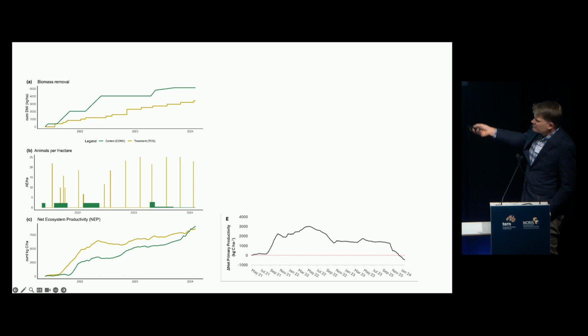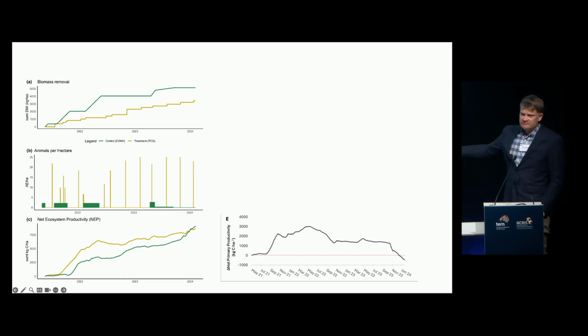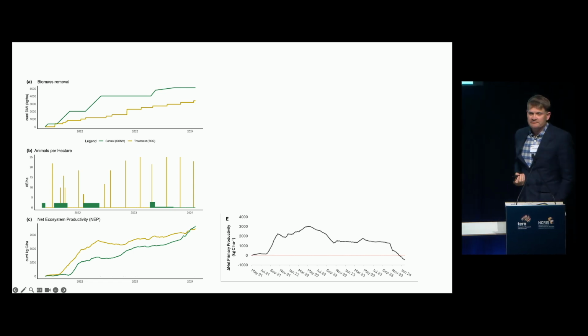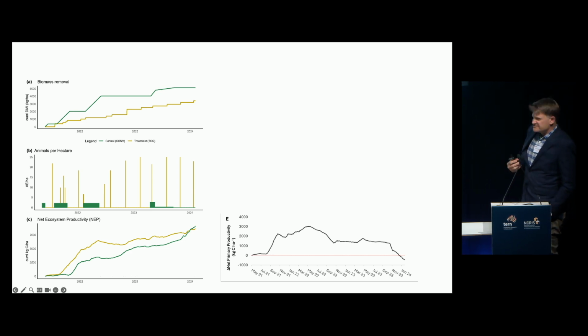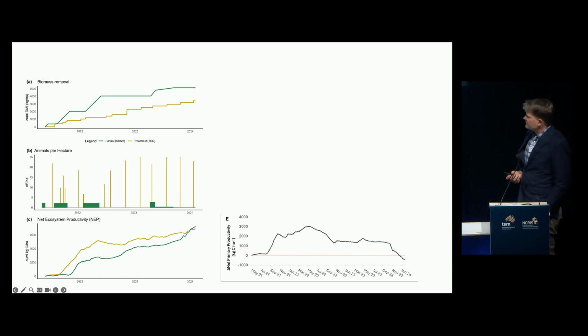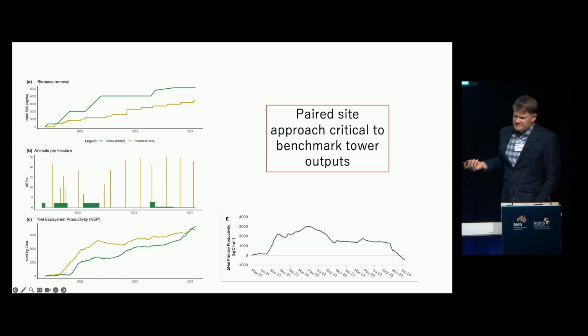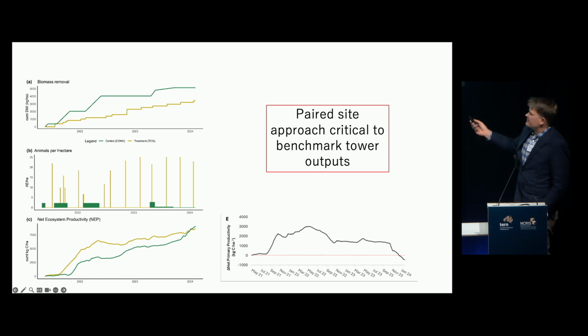And if we normalise that, we see that whatever spike drove that carbon sequestration at the beginning was not sustained over the longer term. And so we've got to question, is that long-term management actually going to lead to increased carbon in our system? So this paired site approach is really critical to be able to separate out those climatic impacts from the management.